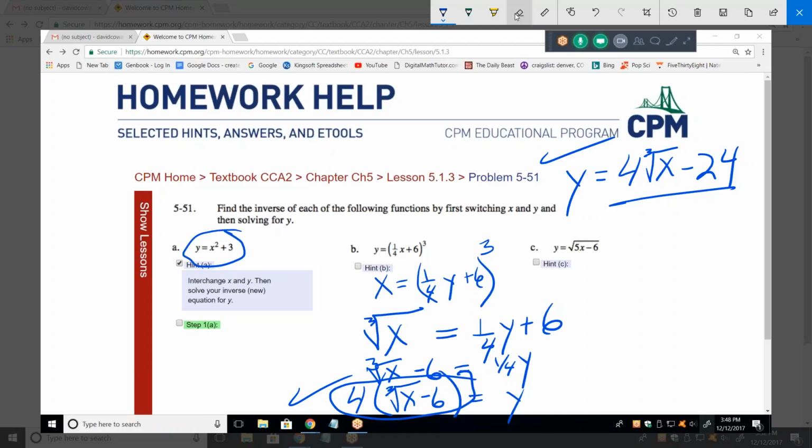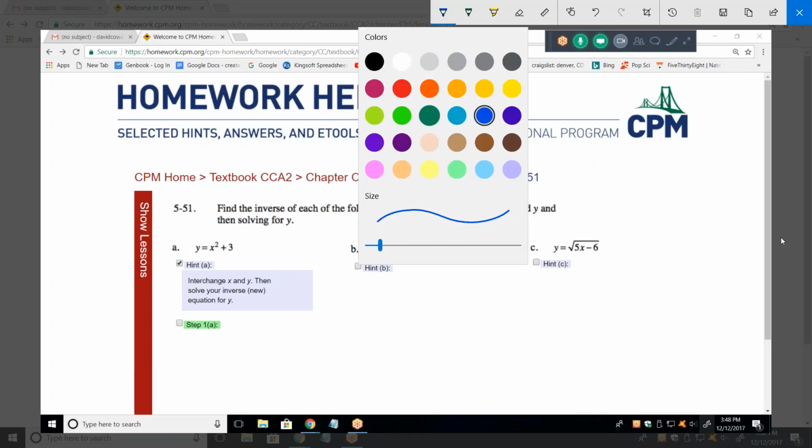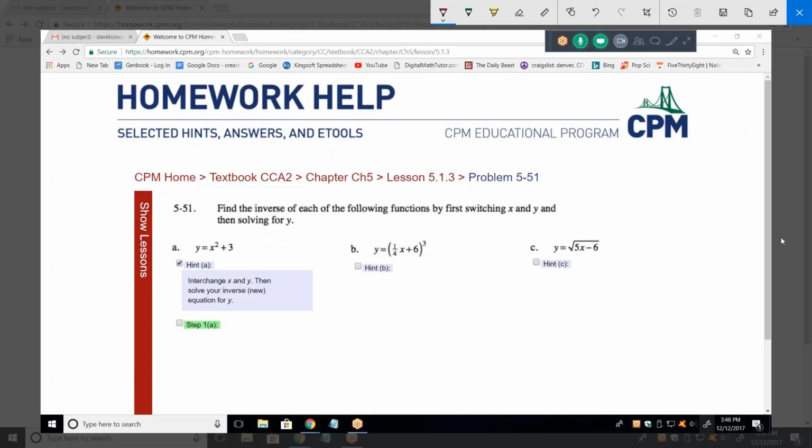Whoops, got one more to do on this page. Okay, how about C? So flip the x and the y, and you get x equals square root of 5y minus 6.